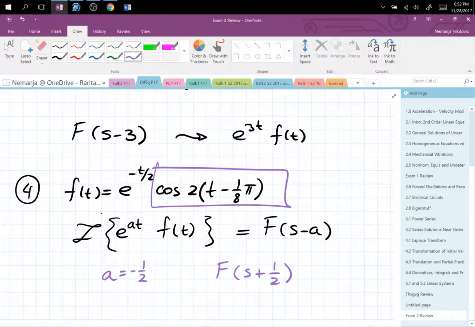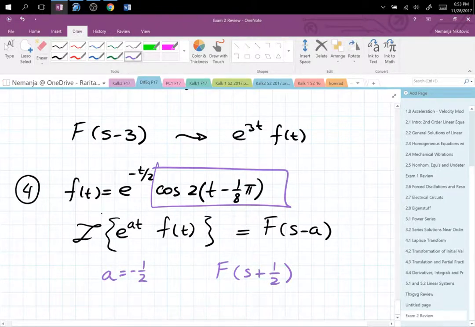Now, what do I have here? I have cosine 2t, right? Is this crazy really or no? No, it's not. So what should we do?